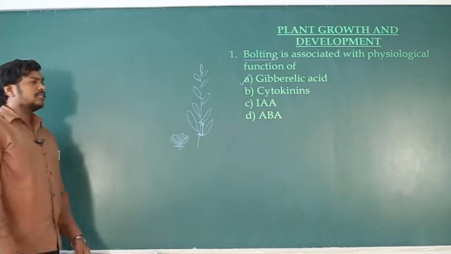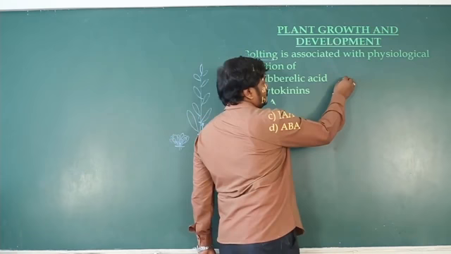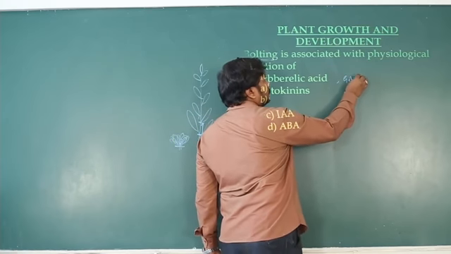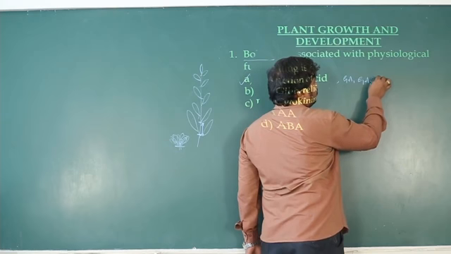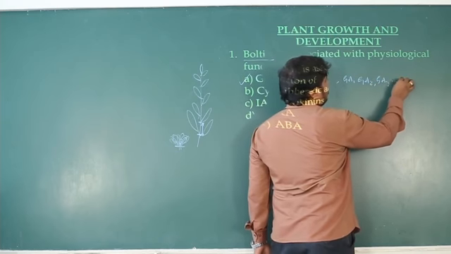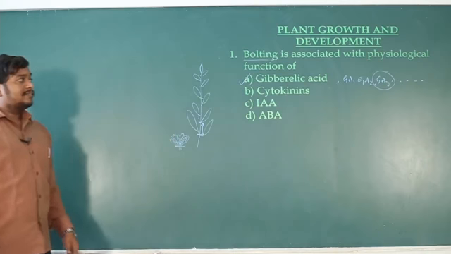There are many types of gibberellic acids, like gibberellic acid 1, 2, 3, 4, many were there, but the most preferable is gibberellic acid 3.